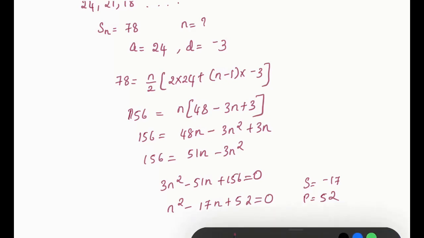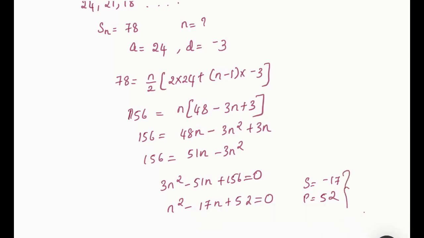What are the two numbers such that the sum and product match? You can take it as 13 and 4, right? 13 into 4 is 52, and minus 13 minus 4 will give you minus 17.